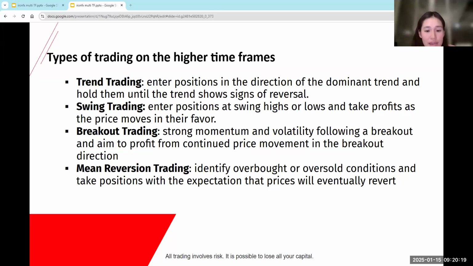And lastly, we have mean reversion trading. This is based on the idea that prices tend to revert to their average or equilibrium levels after deviating from them. Traders identify overbought or oversold conditions and take positions with the expectation that prices will eventually revert.